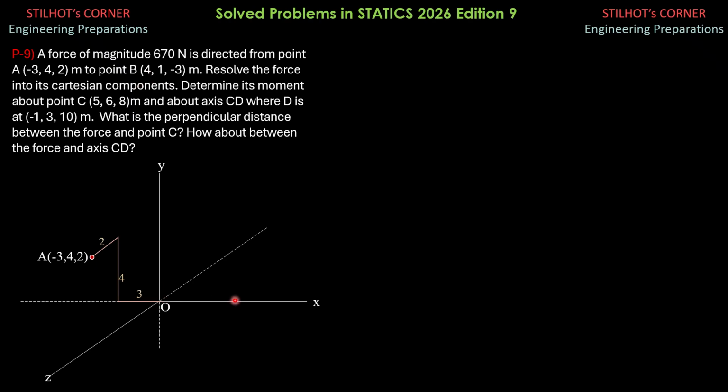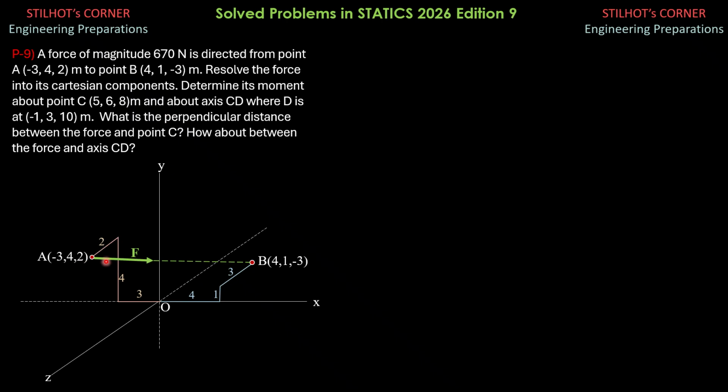So 4 along X, 1 upward, then negative 3 backward as shown. So the force is directed from point A to point B as shown. So that's the extension. Then the magnitude of F is 670.